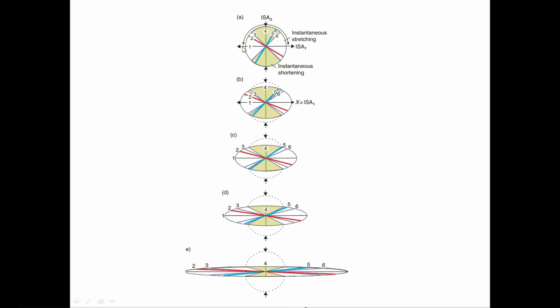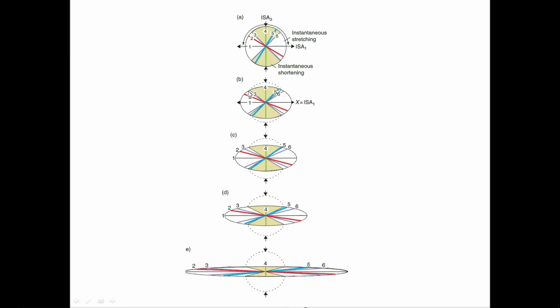While the maximum extension takes place parallel to line 1, ISA 1, the instantaneous stretching axis, so the most intense Boudinage will be parallel to line 1.